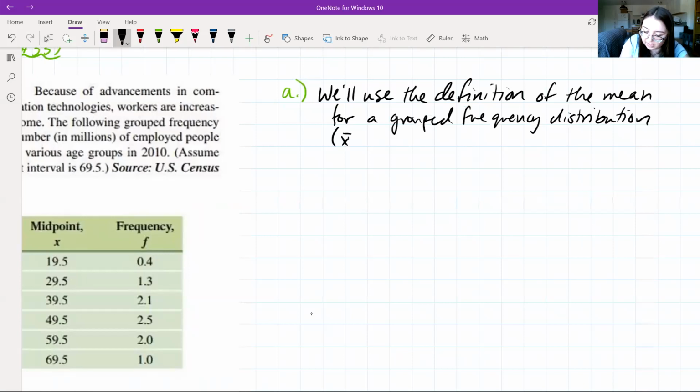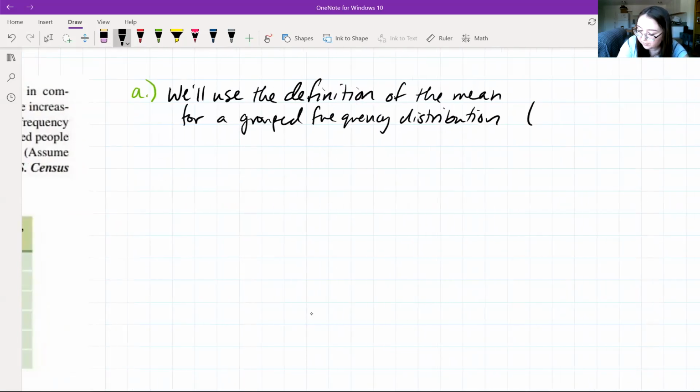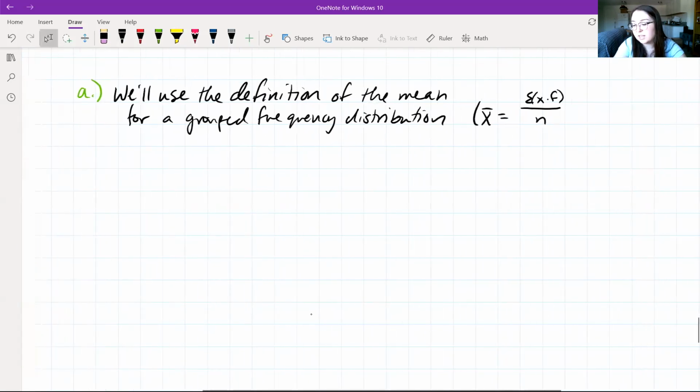And remember, that's going to be x bar is equal to the sum of x times f, divided by n, where n is equal to the sum of the frequencies.